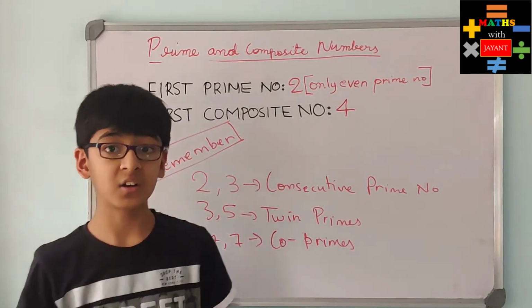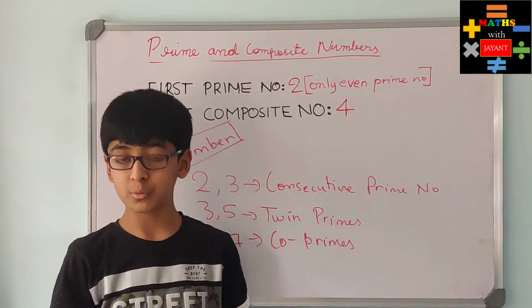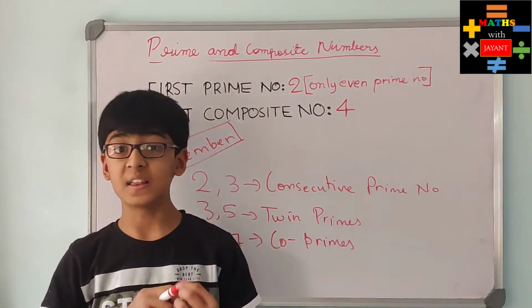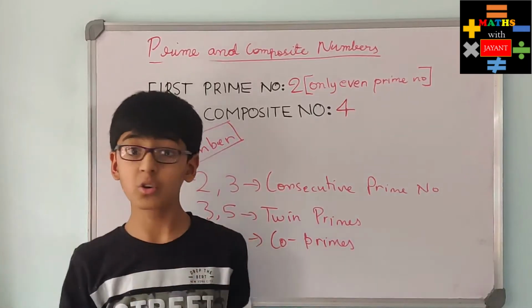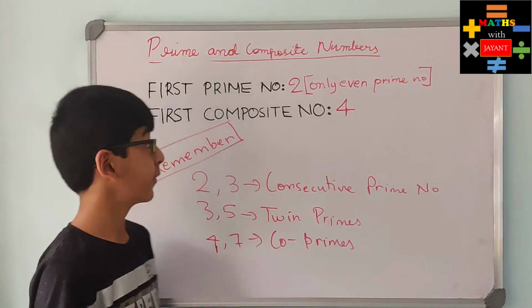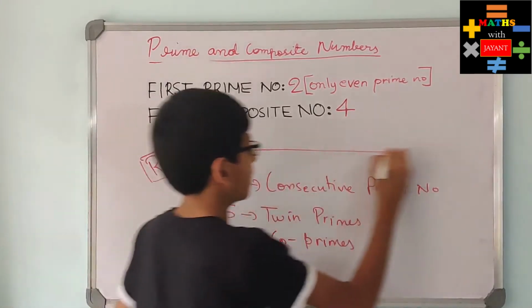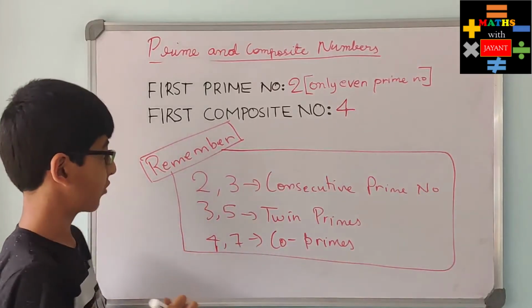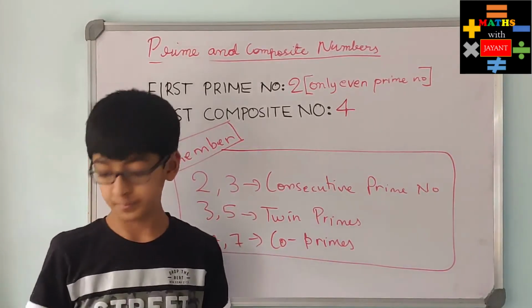So their common factors are 1 and 2. Due to the 2 being there, they are not co-primes. So these are a few terms in prime and composite numbers that you have to remember.